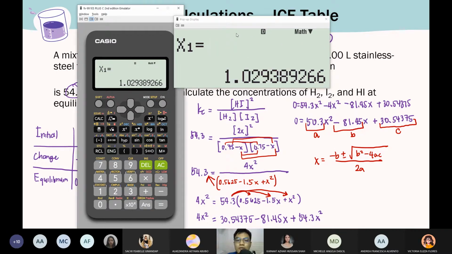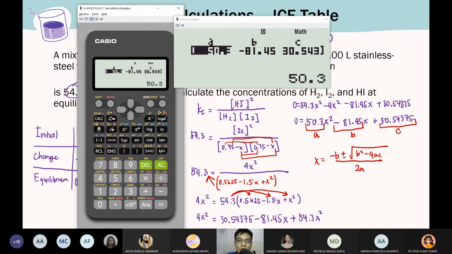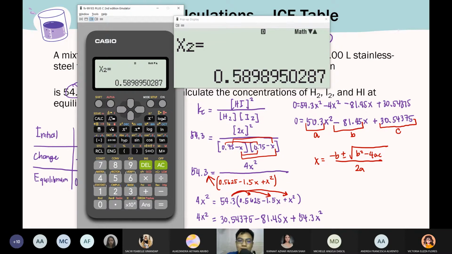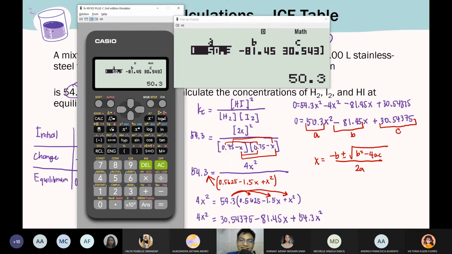This is the first root. This is the second root. So, you don't need to plug it in the equation. You just press, okay, just press equal sign. Yan yung first root, second root.